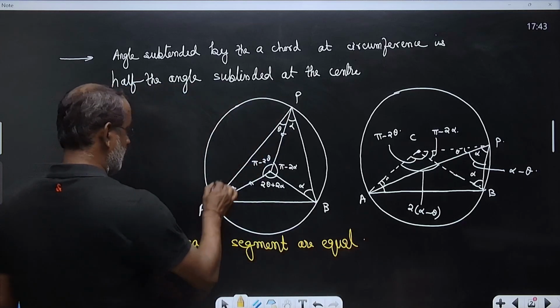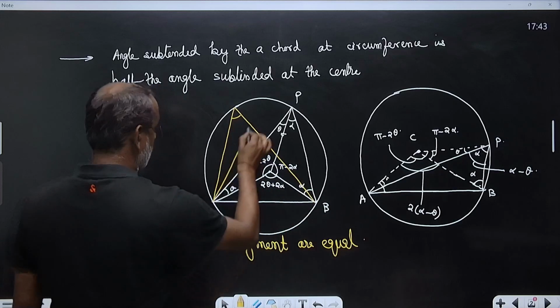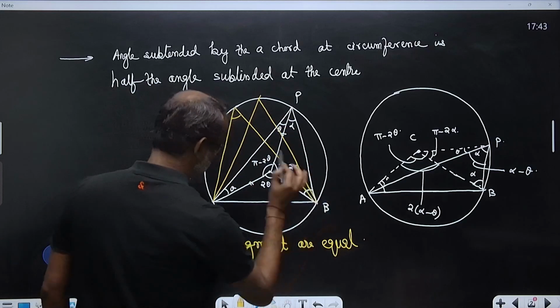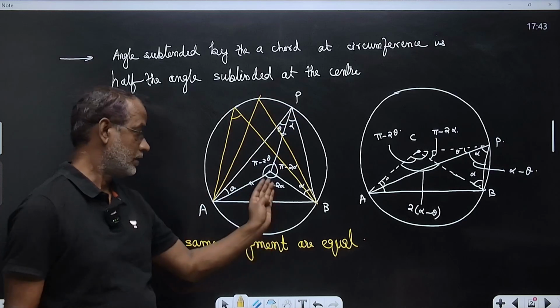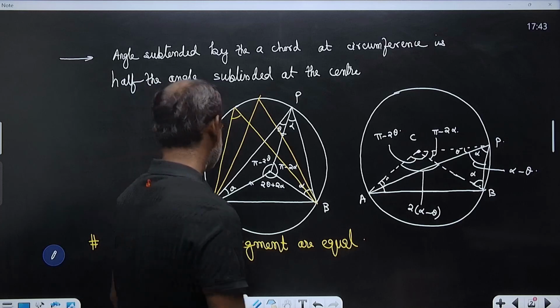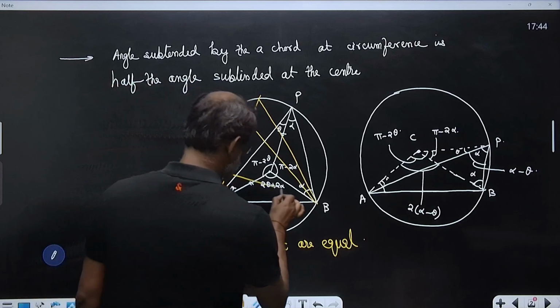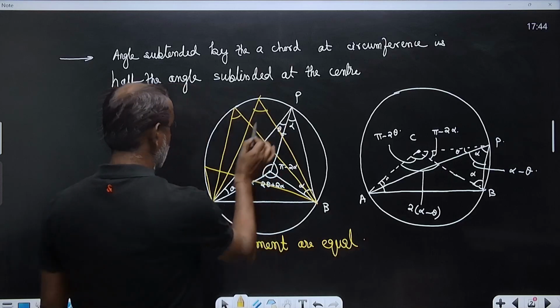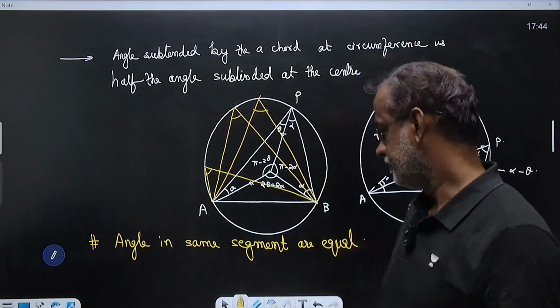You can very safely say, if I draw this diagram, this angle 2 will be theta plus alpha. If I draw this, for every one of these points, the angle at the center is 2 theta plus 2 alpha. So what we see is that angle in same segment are equal, even when the diagram is like this. All these angles are going to be equal. Fine.